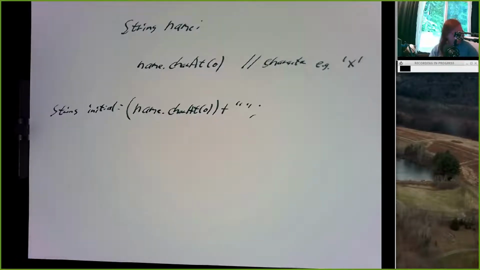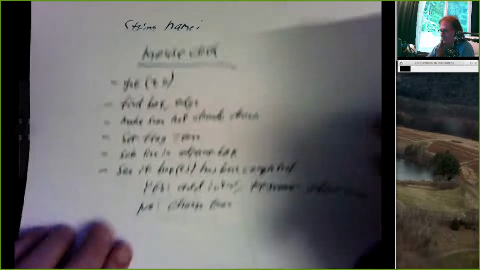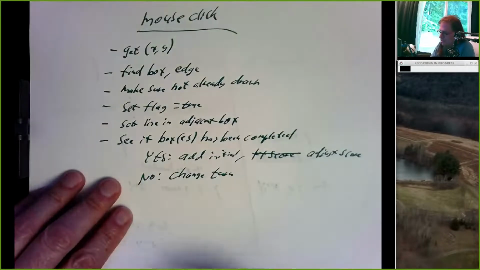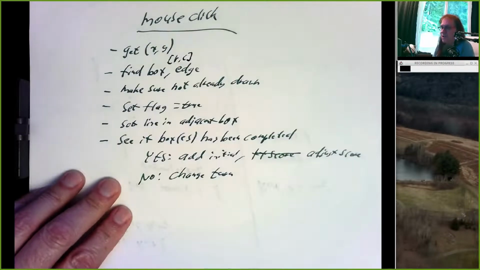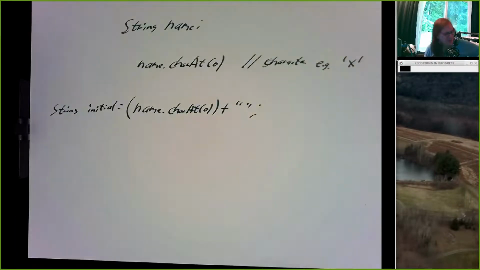When you get the XY coordinates of the mouse click, when I say get box, you're calculating the row and the column corresponding to that. And then it's just board[r][c].box.initial equals that stuff, or initial. Cool.